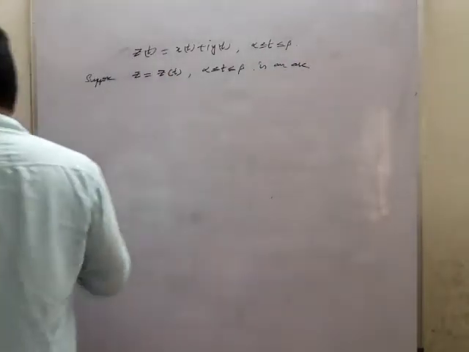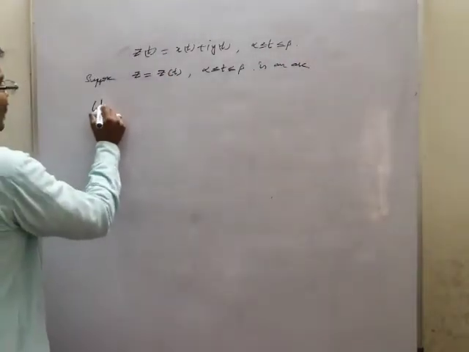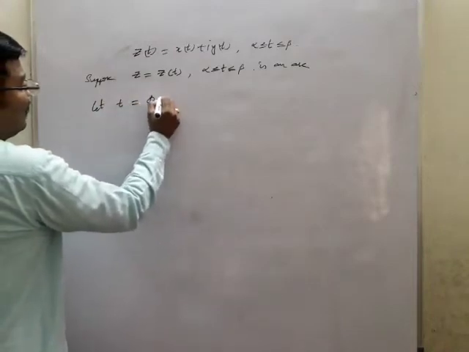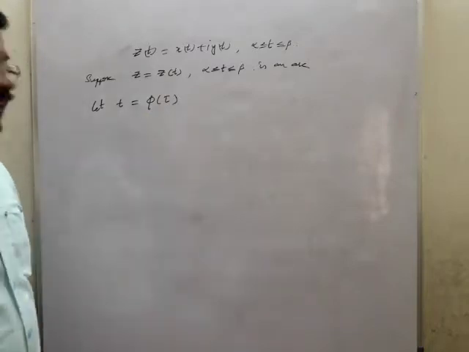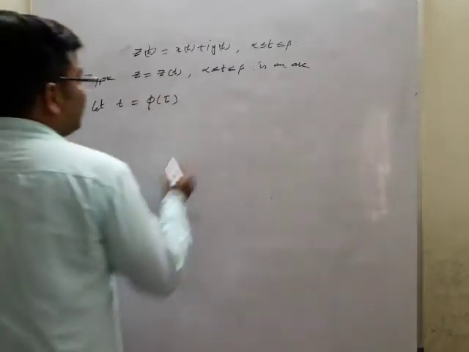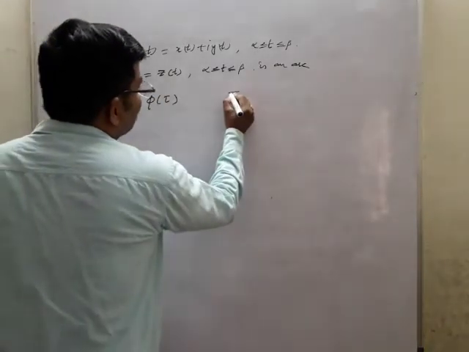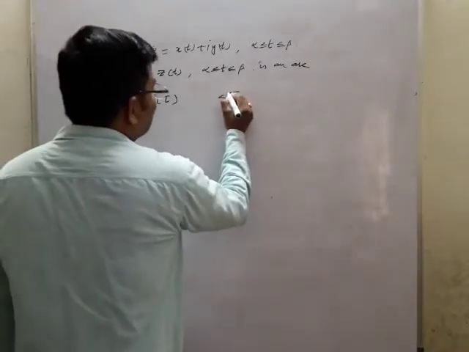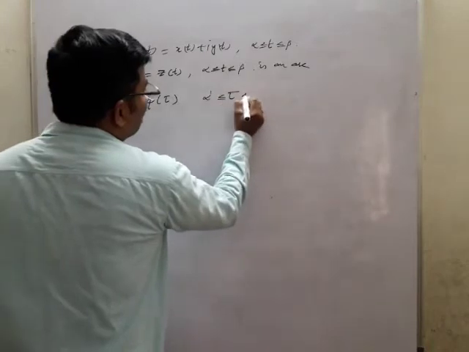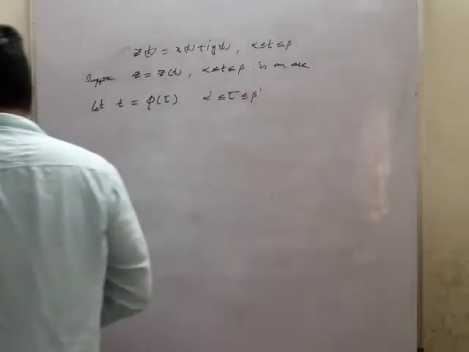Then let t be equal to phi of tau. I am taking t as phi of tau in such a way that tau is greater than or equal to alpha dash, less than or equal to beta dash.